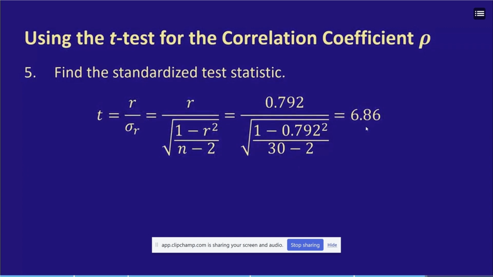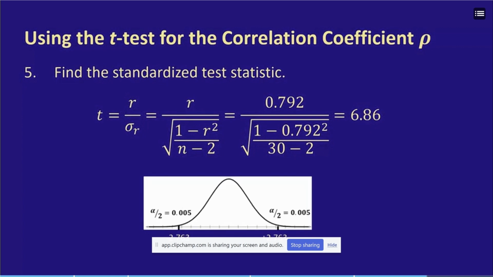Now we need to take a look to see if that standardized test statistic is far enough out in the tail, or tails, to reject H naught. Is it less than negative 2.763 or greater than positive 2.763? When we plot the test statistic of 6.86 into the rejection region picture, we find that it is in fact greater than 2.763.